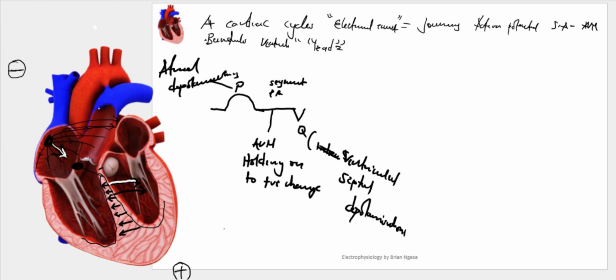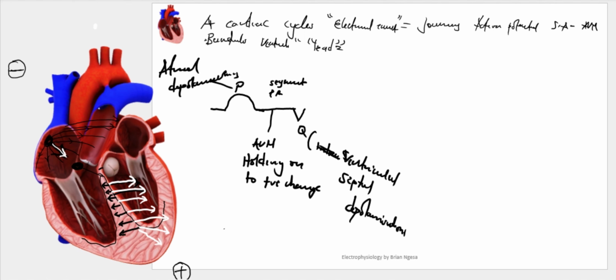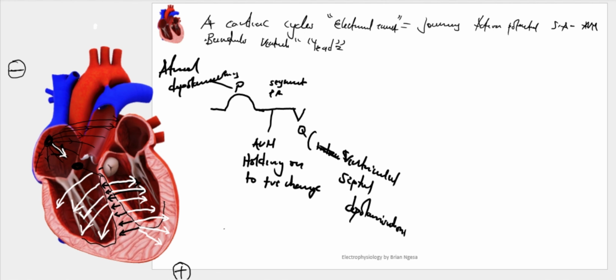So the wave of depolarization spreads so that eventually the whole ventricle is depolarized, and the right one, of course, will be spreading like this, so that the whole right ventricle is again depolarized, courtesy of the conductive system.